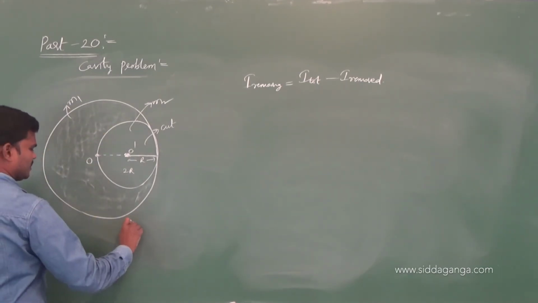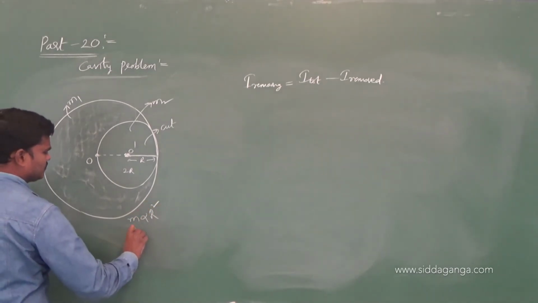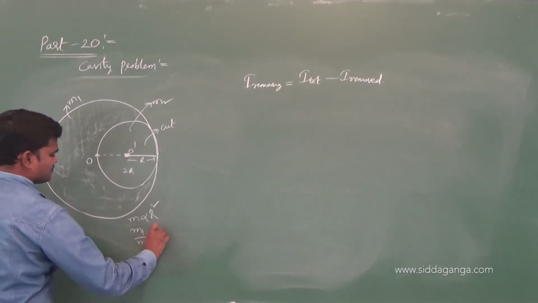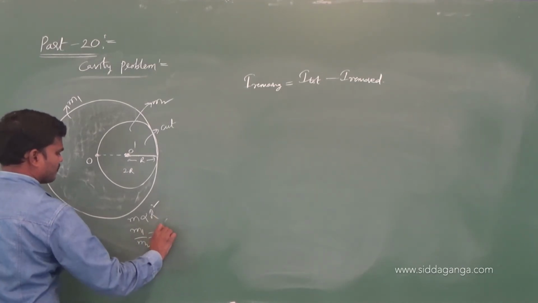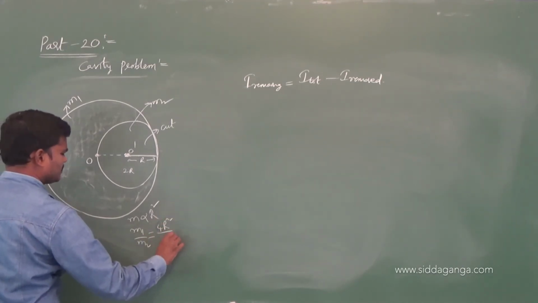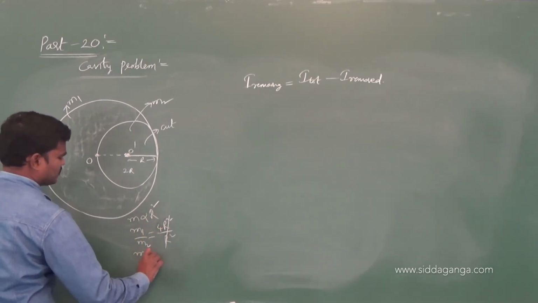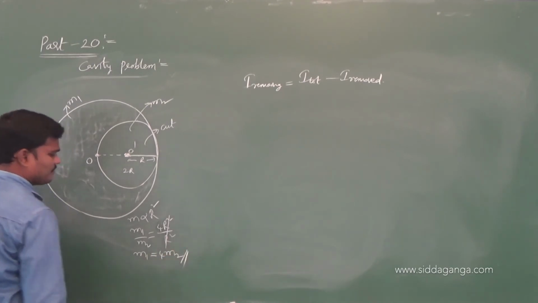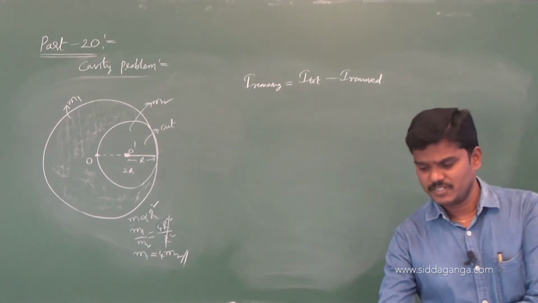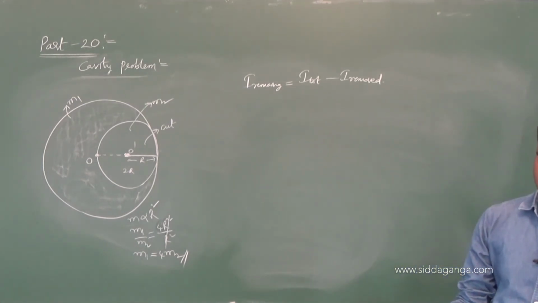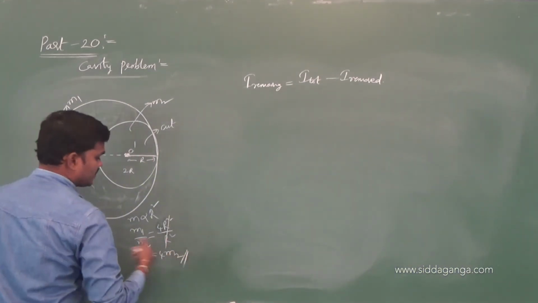Anyhow, mass is proportional to r square. m1 by m2 is 4r square by r square, cancelled. So m1 is equal to 4 m2. Okay, so I am getting the link between m1 and m2.